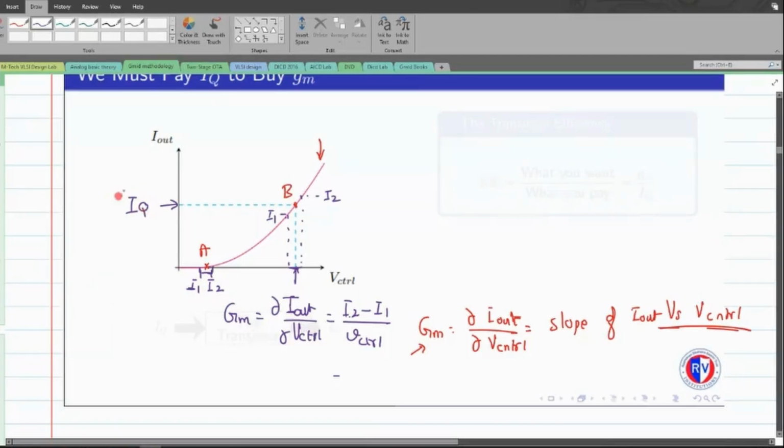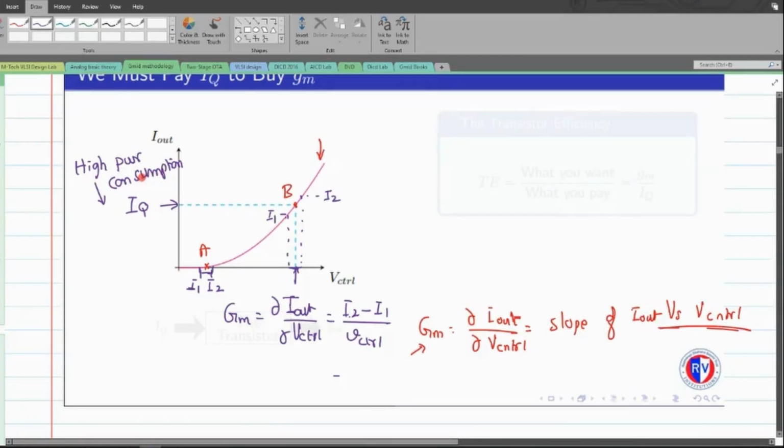So having a very large bias current means that we end up having a very high power consumption. So in order to get a large GM, I have to have a large bias current to the circuit, and whenever I have a large bias current to the circuit, we end up having a very high power consumption inside the circuit.